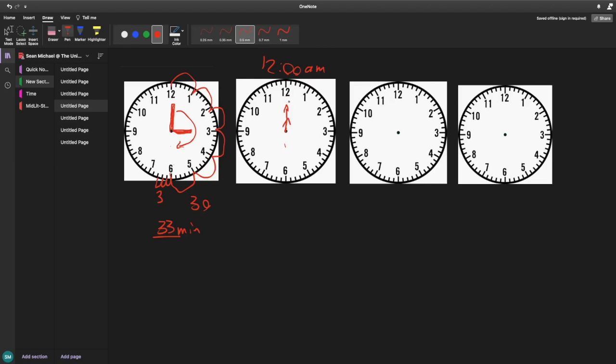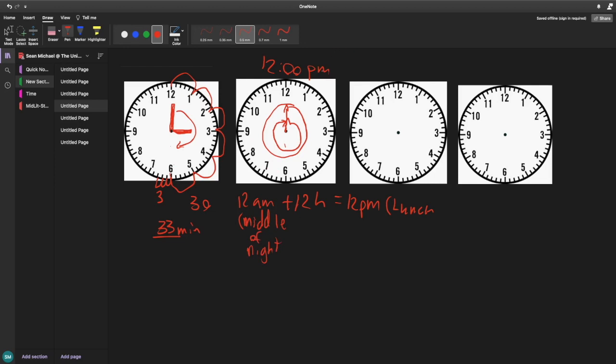And then when this minute hand goes all the way around 12 times, and this hour hand goes all the way around once, when you get back here, it becomes 12 p.m., right? 12 hours later, because there's 12 hours on the clock, makes 12 p.m., which is around lunchtime. So this is lunchtime, and this is more like the middle of the night. Right, so that is how the 12-hour clock works.